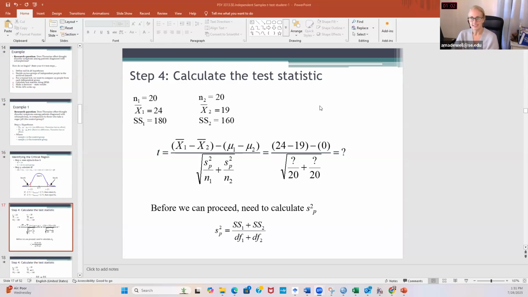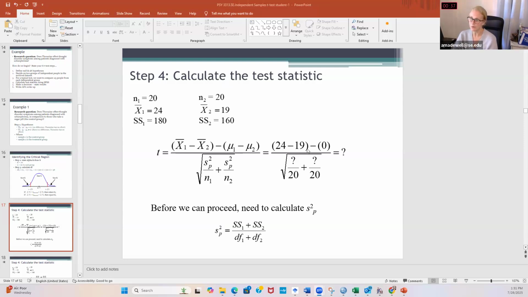For calculating the test statistic, you would need your sample size of group 1, sample size of group 2, your mean for group 1, your mean for group 2, your sum of squares for group 1, and sum of squares for group 2. I do want you to go ahead and hand calculate this on your notes, just so you can have one time practicing it.